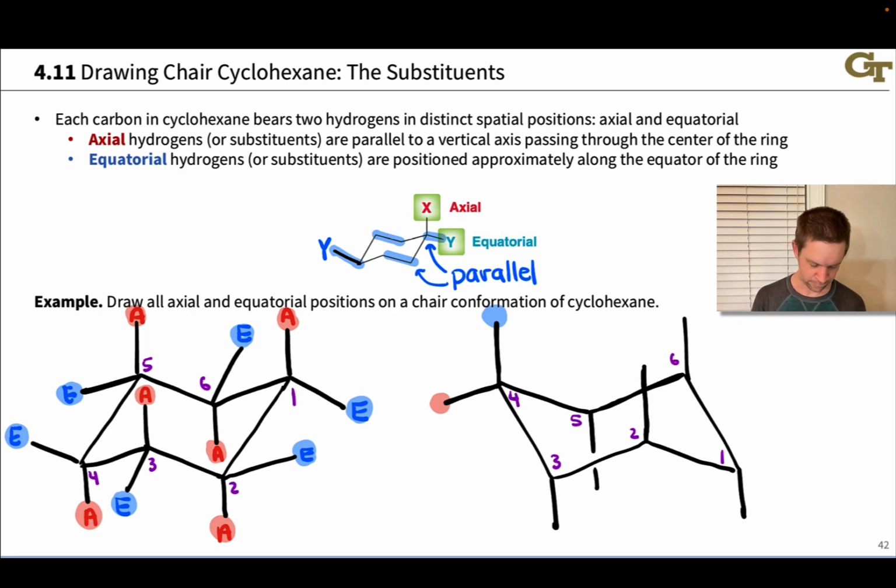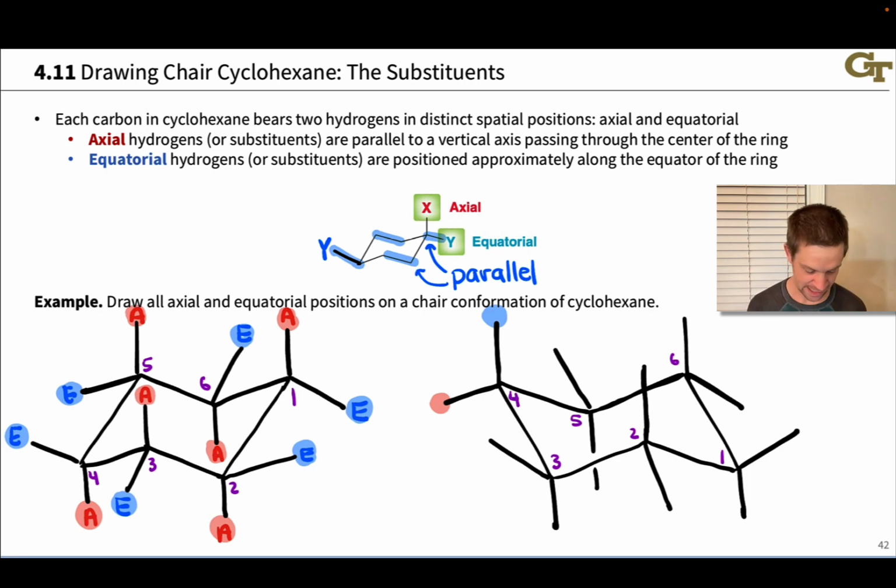Now, for the others pretty quickly here, I'm just going to add them parallel to the bonds, two bonds away, as we saw in excruciating detail for the first chair form. And I think I got them all. 1, 2, 3, 4, 5, 6. Yep, got them all.